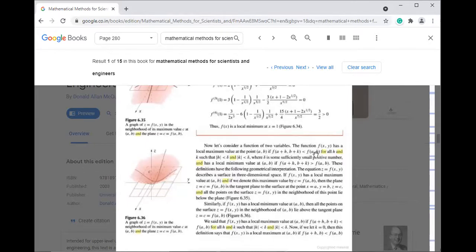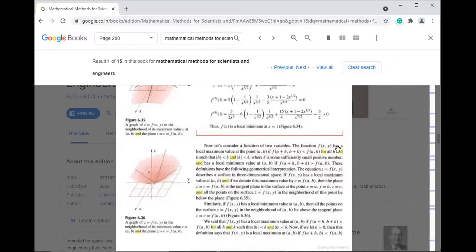At the point a, b the function has a local maximum, meaning the value of the function at the point a, b should be larger than the value of the function at all nearby points. This is the definition of a local maximum.